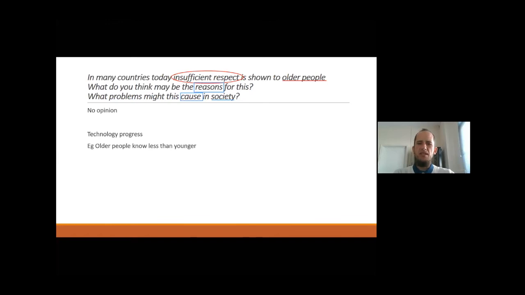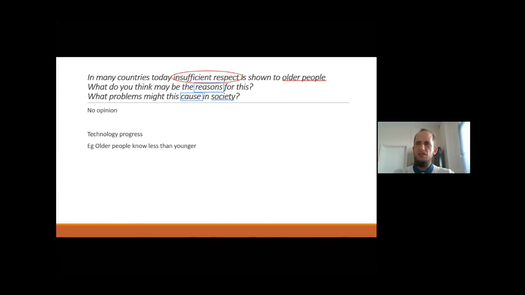Whereas in the past, the older a person was, the more they had traveled, the more people they had met, the more people they'd have talked to, and as a result, the older a person would have been, the more respect they would have naturally deserved because of their knowledge.